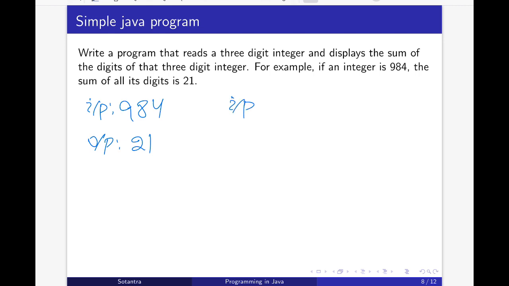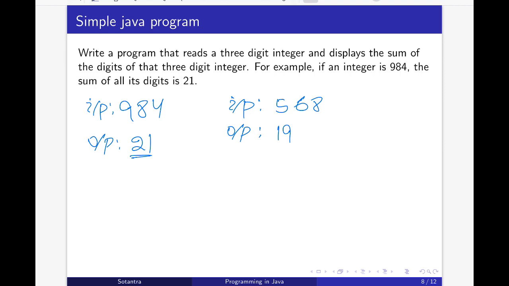Similarly, if we input 5, 6, 8, the output will be 5 plus 6 plus 8, that is 19. So if the input is 568, the output is 19, that is the sum of 6 plus 8 plus 5. So if we input 984, the output should be 21, that is the sum of the digits.